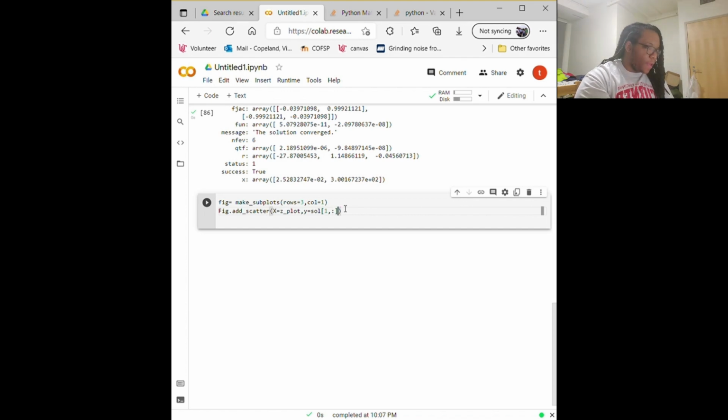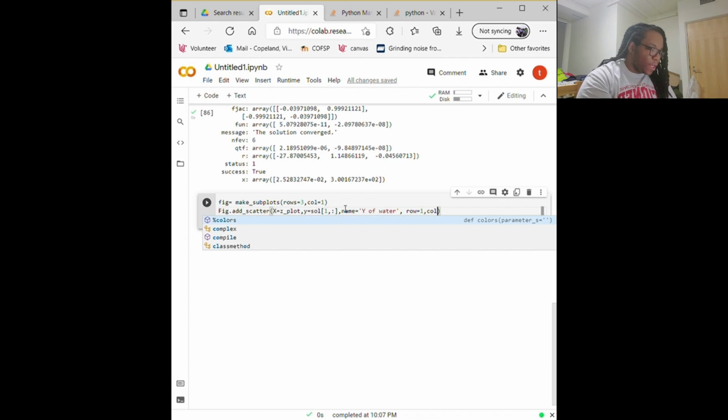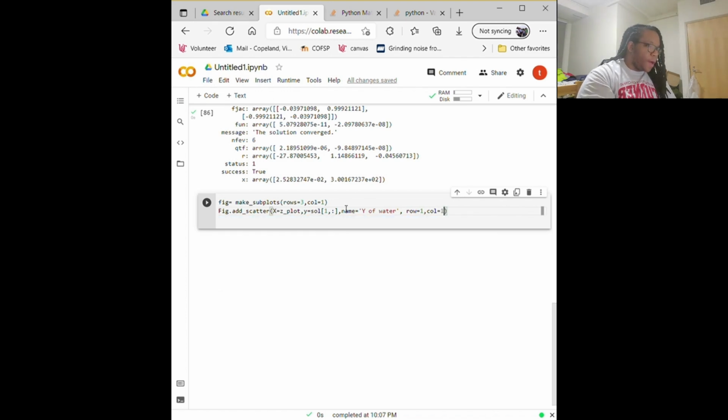All right, and then we're going to call that our water. So I'm going to call it y of water, and then our row here is going to equal 1. And our column is going to equal 1 as well.